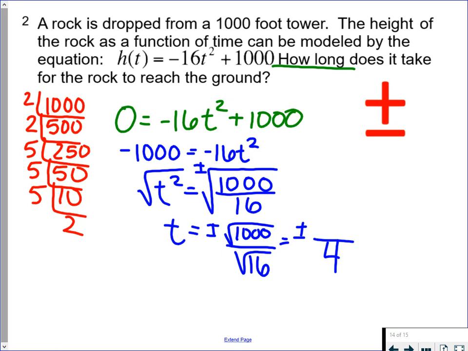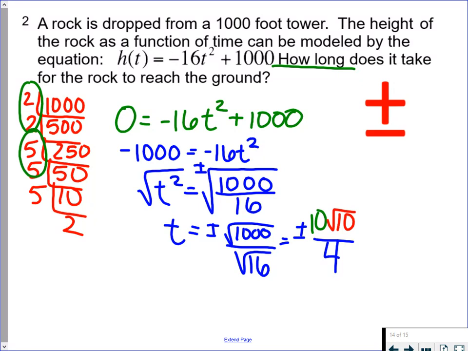But maybe I didn't see that. But I have a 2 and I have a 5, so that means 10 goes out there. And a 5 and a 2 are left over as well. So I'm left with the square root of 10 inside. But if I would have known the perfect square was 100, then 100 times 10 gets me 1,000. Square root of 100 is 10, so 10 root 10. However you want to approach that.